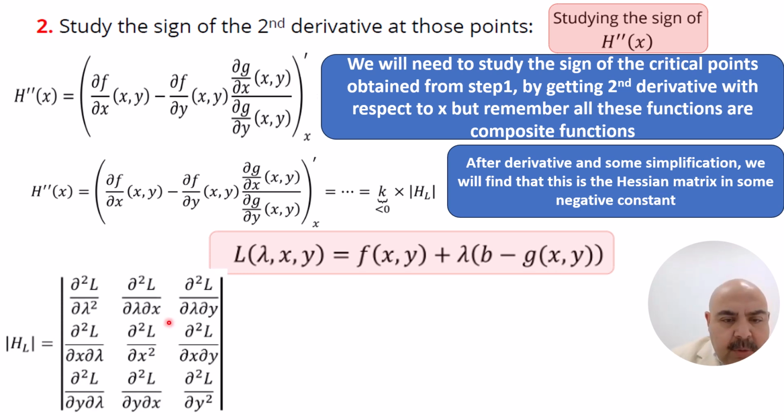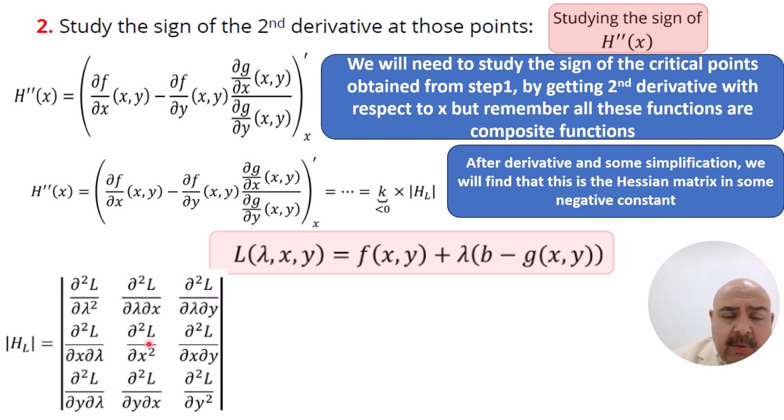And then we will go through the Hessian matrix. The Hessian matrix represents the second derivative, but involving also the derivative with respect to lambda. So we will differentiate the Lagrangian function with respect to lambda twice. Then we will get the mixed derivatives, as you can see, and also for the column it will be the same.